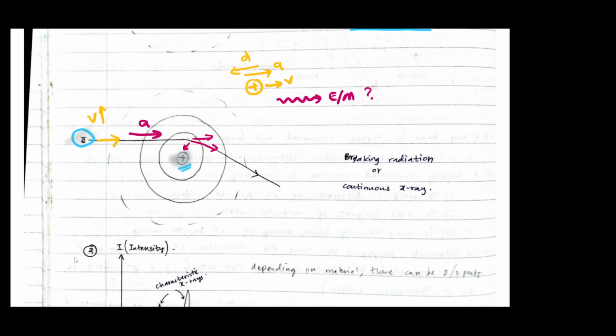And while this electron is moving further away, the nucleus starts to attract it. Due to that, this electron undergoes a deceleration. So here acceleration, here deceleration. Therefore, again, it releases electromagnetic radiation.